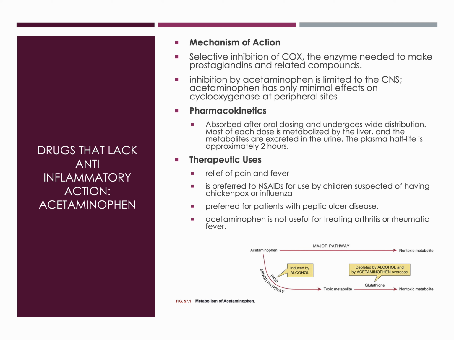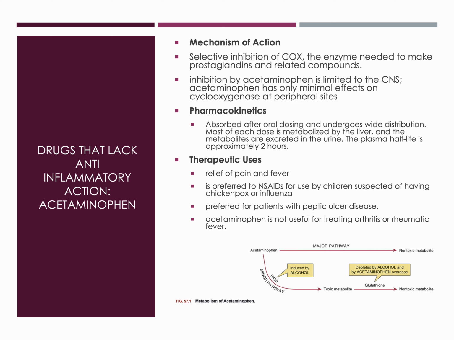And so, by decreasing prostaglandin synthesis in the CNS, we're able to reduce fever and pain, but outside the CNS, we are not able to affect inflammation. But we're also not able to cause gastric ulceration or cause any adverse effects on the kidneys and the platelets. Again, limited to the CNS.